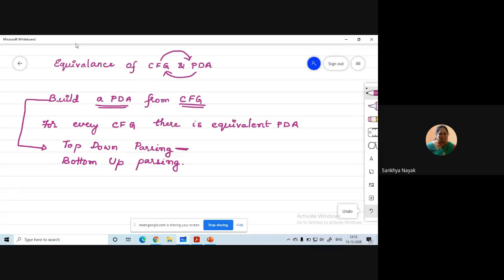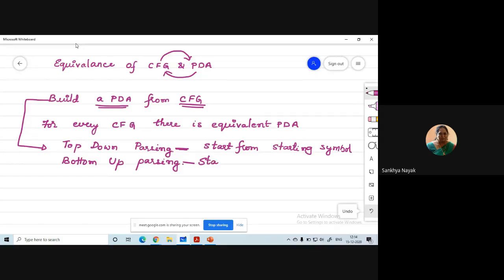As the name tells you, top-down means we'll start from the starting symbol and work downwards. Downwards means we'll check whether a given string can be generated from that starting symbol or not. And in bottom-up parsing, we'll do the reverse.